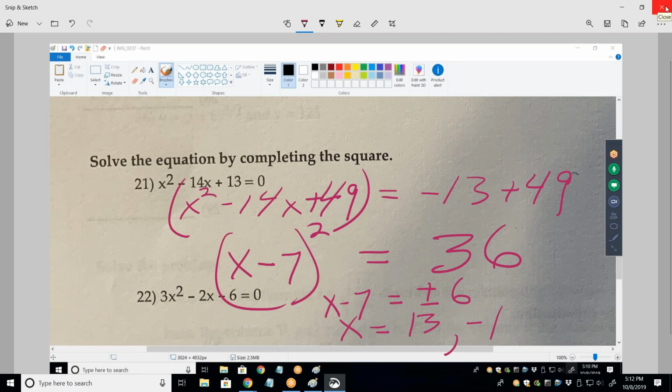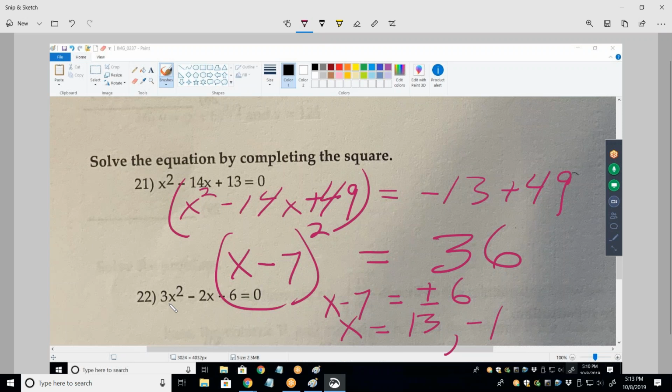Okay. I think you need to go. Yeah. Let me just add one word. On 22, you move the 6 to the other side, but then you cannot complete the square until you factor out a 3 from the left side. Know what I'm saying? It's going to look like 3 times x squared minus 2/3 x equals 6.